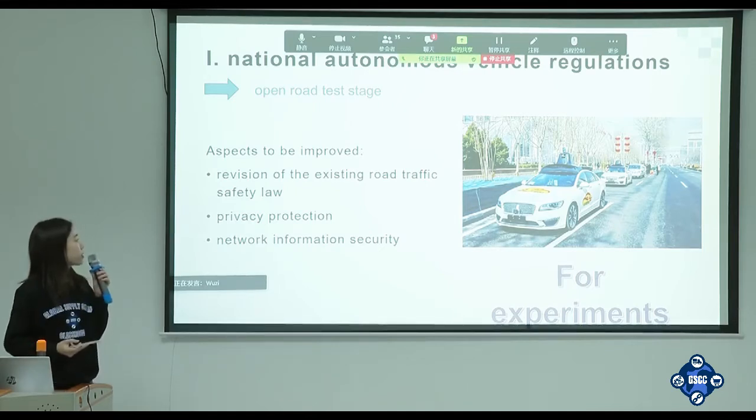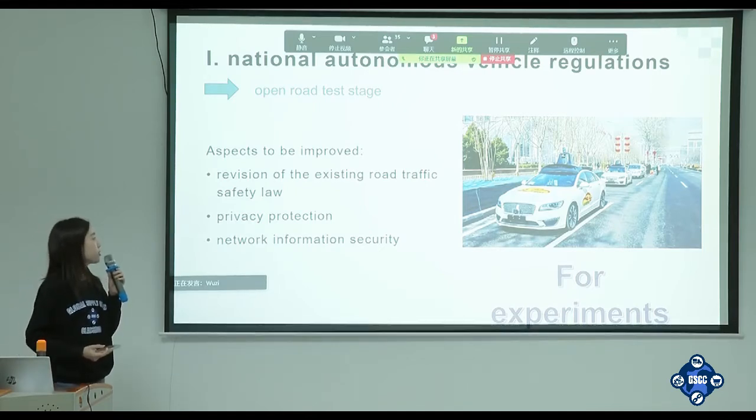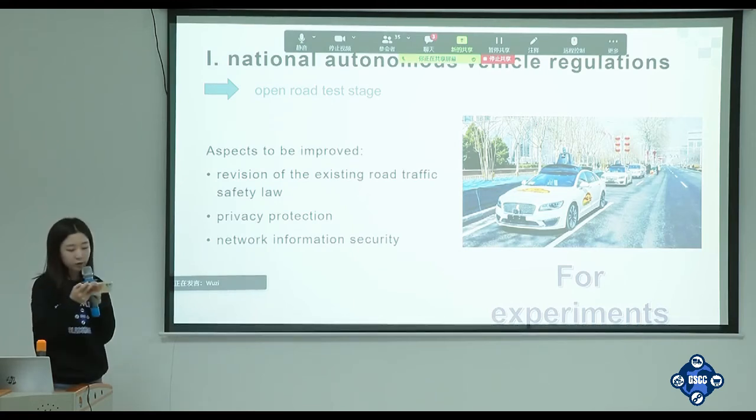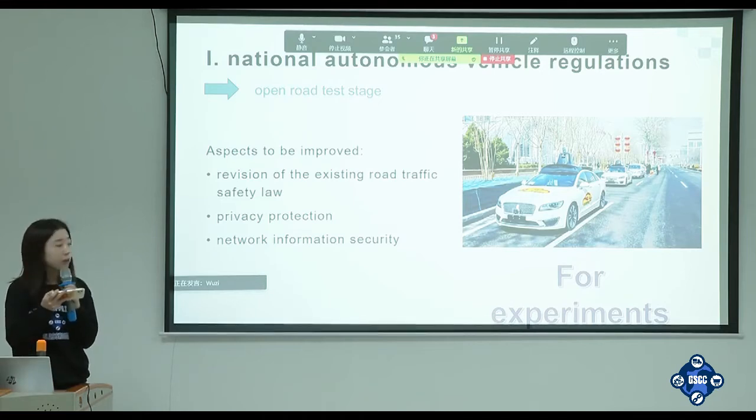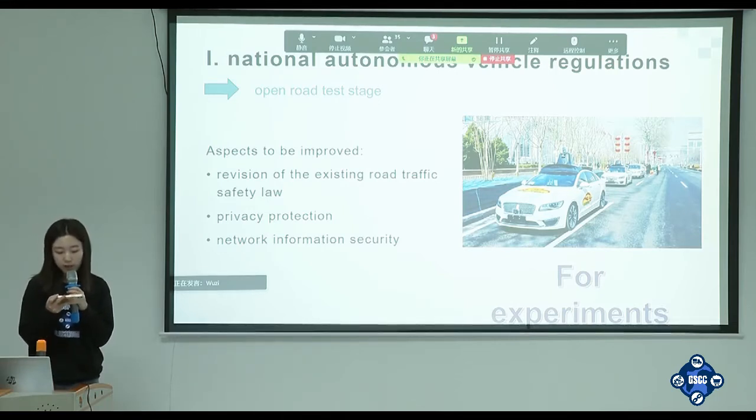But the revision of the existing road traffic safety law, privacy protection, network information security, and some other aspects need to be developed and improved. Therefore, the automatic driving vehicle should comply with the general regulations of road driving and motor vehicle testing.